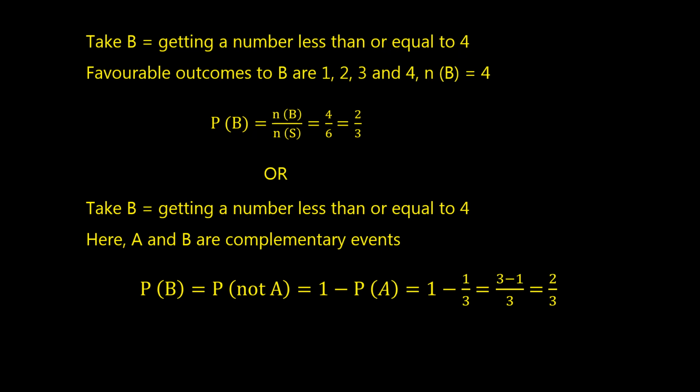Go for LCM. We will get 3 minus 1 by 3, that is 2 by 3. Therefore, try to find the probability of this type of events by using the concept of complementary events. Like this, P of B I got 2 by 3. The probability of getting a number less than or equal to 4 is 2 by 3.